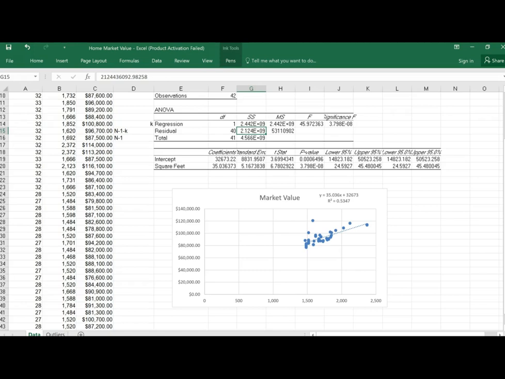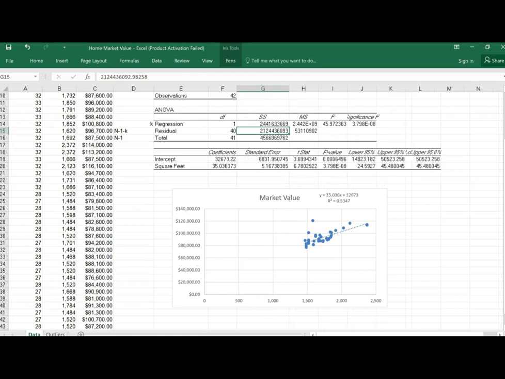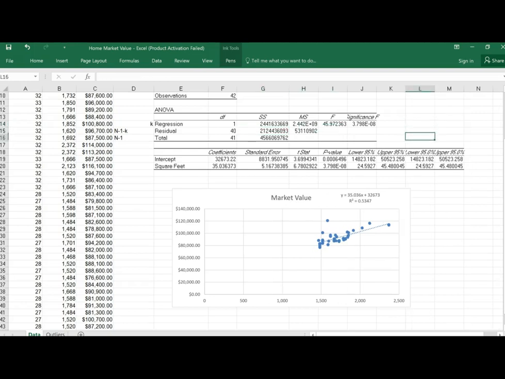I want to hop back and look at a picture to help figure out where these come from. But before we do that, I want to point out one little thing. When I have my total sum of squares, if I subtract out my regression sum of squares, I'm left with my residual sum of squares.